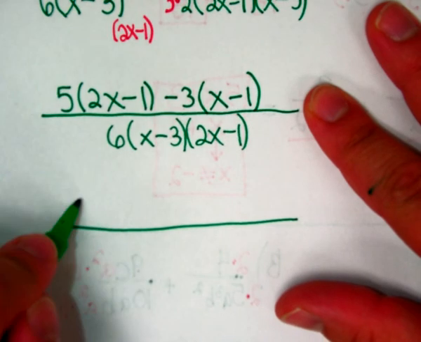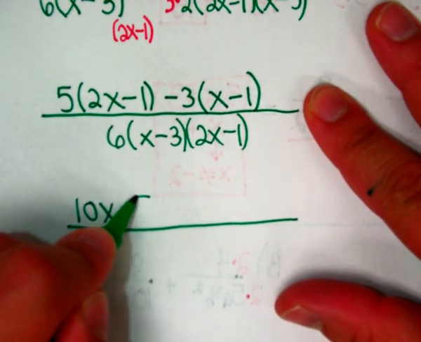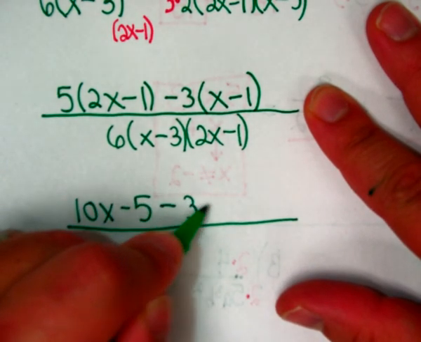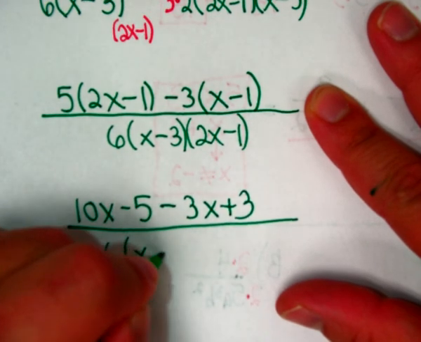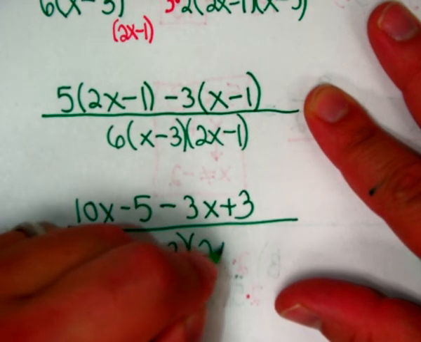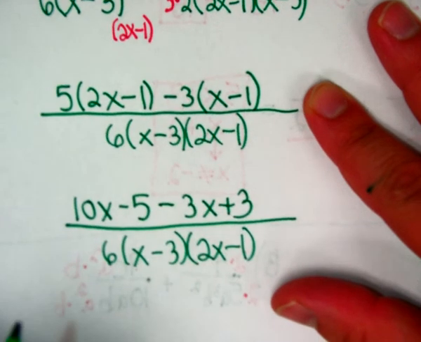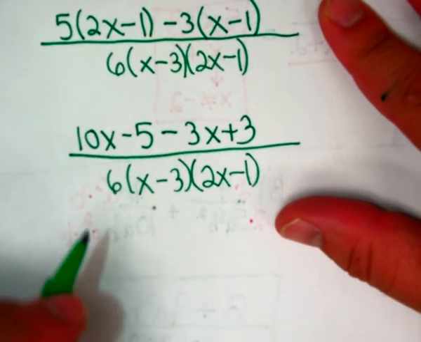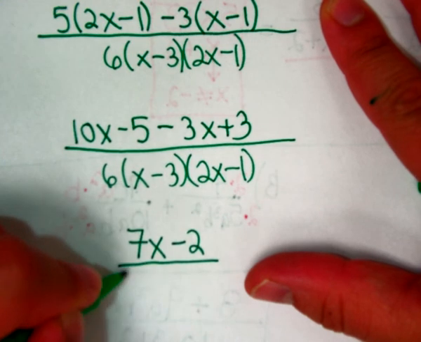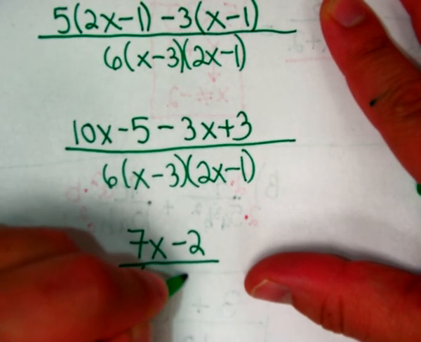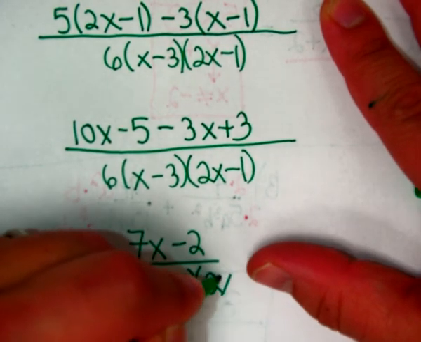We have 10x minus 5 minus 3x plus 3 over 6 times the quantity x minus 3, 2x minus 1. Combine like terms here. We end up with 7x minus 2 over 6 times x minus 3 times 2x minus 1.